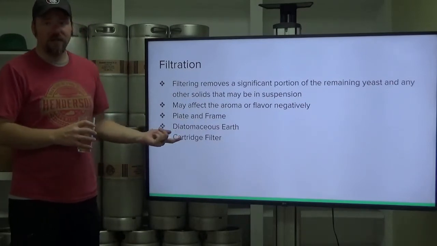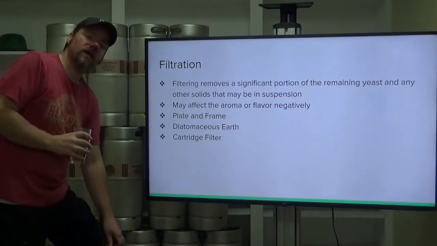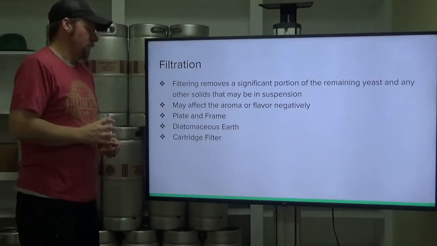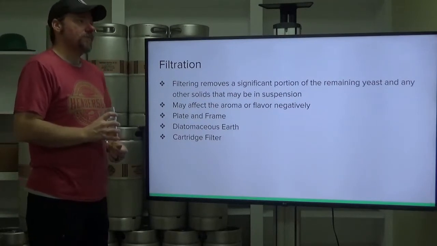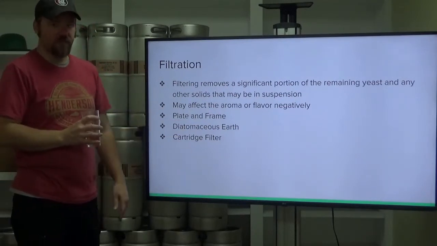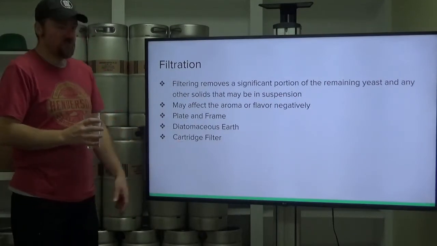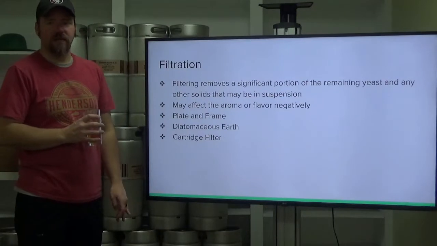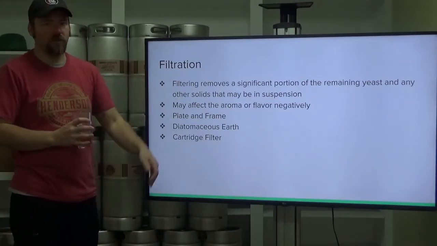DE filter, or diatomaceous earth, is made of very small fossilized microalgae, a very effective filter media. It comes with its own risks and hazards, but is very common. And then you've got a cartridge filter, which is similar to a whole house filter. It is a filter media housed inside of a cartridge.